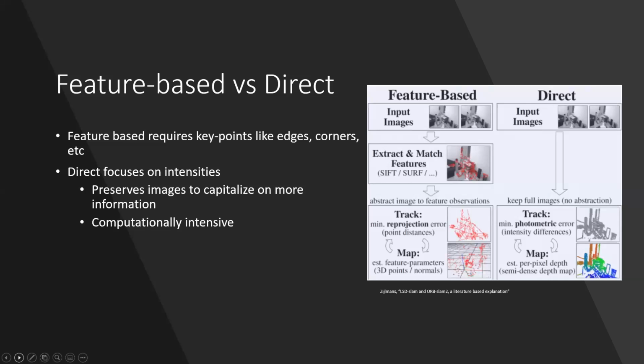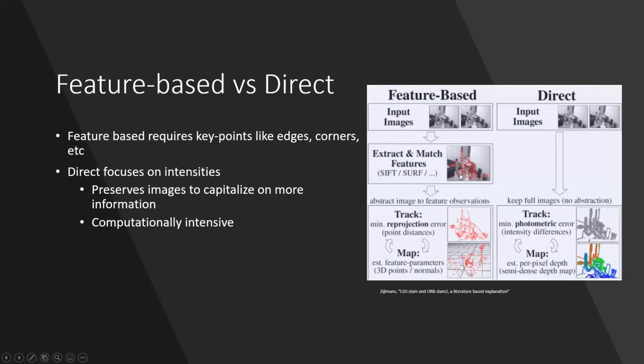But before I get into LSD, I want to talk about the two major differences when we're talking particularly about monocular SLAM, or SLAM in general: feature-based and direct. Feature-based SLAM is kind of similar to what we did on homework 4, where you do a key point extraction. SIFT, SURF, FAST, there's tons of different algorithms where it extracts those edges and corners like you see in this picture.